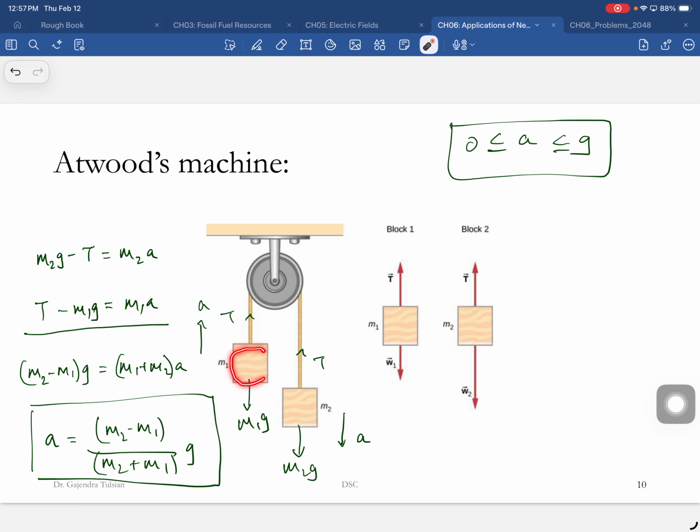If m1 is 0, what will be the acceleration of this guy? It will be g. It's a free fall. If m1 is equal to m2, this is 0, and the acceleration will be 0. So as you change this mass, you can tune the acceleration to be anywhere from 0 to g. And that was the idea of this device.